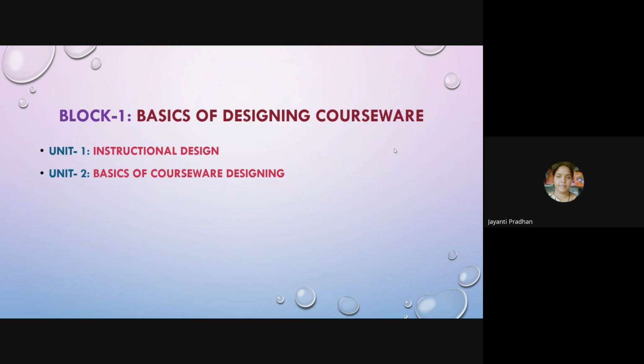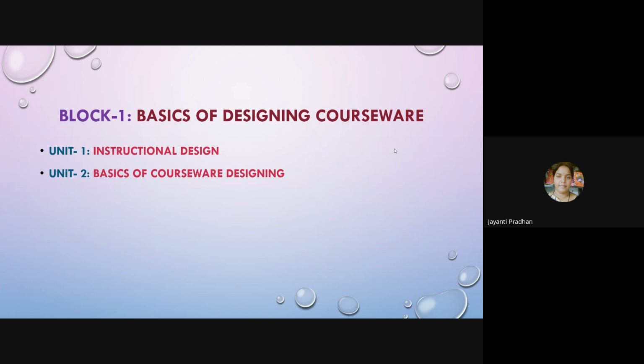Okay, so block 1 is about basics of designing courseware, which has 2 units. The first unit is instructional design, and the second unit is basics of courseware designing. In the second block, we will discuss development of courseware, how to develop the courseware. In that, 4 units are there for different media. In unit 3, we will discuss development of courseware for print medium.